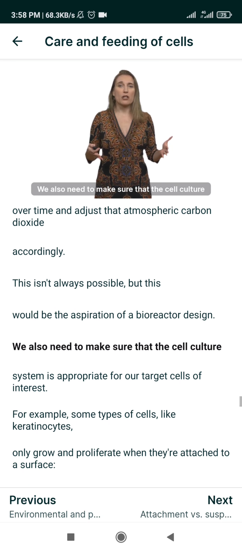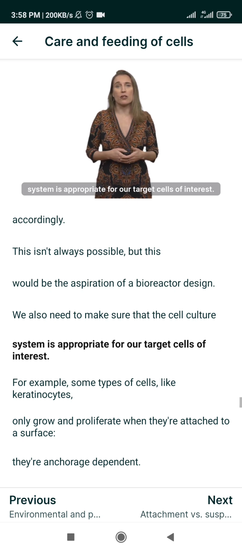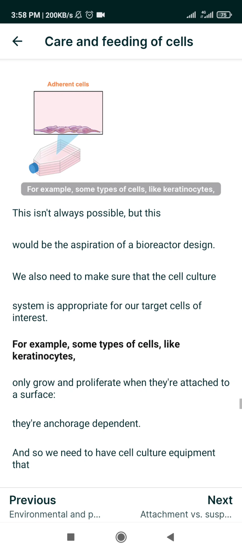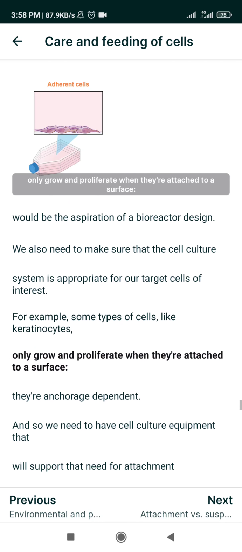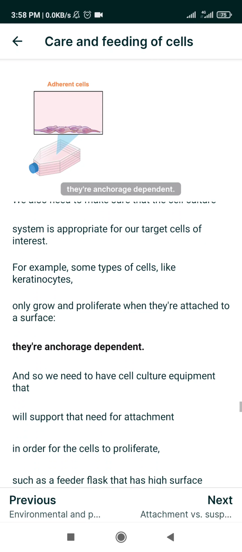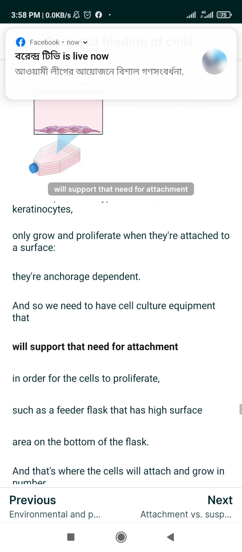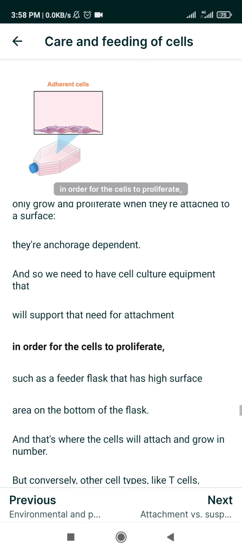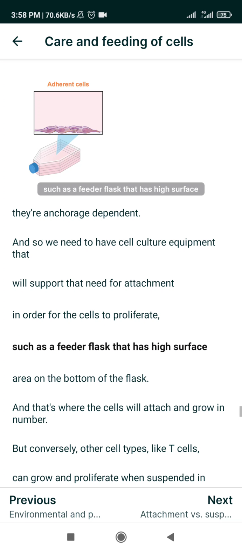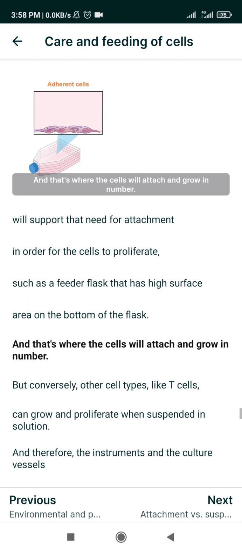We also need to make sure that the cell culture system is appropriate for our target cells of interest. For example, some types of cells, like keratinocytes, only grow and proliferate when they're attached to a surface. They're anchorage dependent, and so we need to have cell culture equipment that will support that need for attachment in order for the cells to proliferate, such as a feeder flask that has high surface area on the bottom of the flask, and that's where the cells will attach and grow in number.